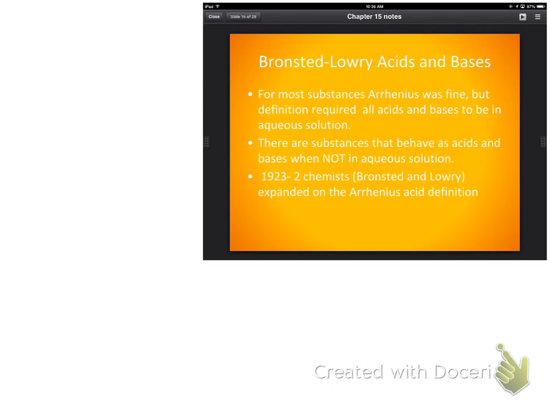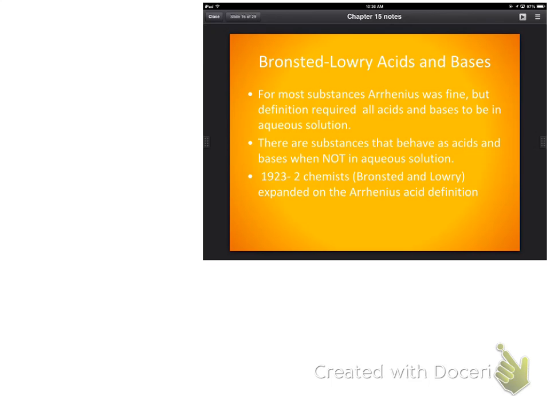If hydrogen chloride is in a gaseous form, by the Arrhenius definition, it's not an acid. Because Arrhenius says what? Acids do what? Increase the concentration of hydrogen or hydronium ions in aqueous solution. Therefore, if it's not an aqueous solution, it's not an acid. Well, that's ridiculous and silly.